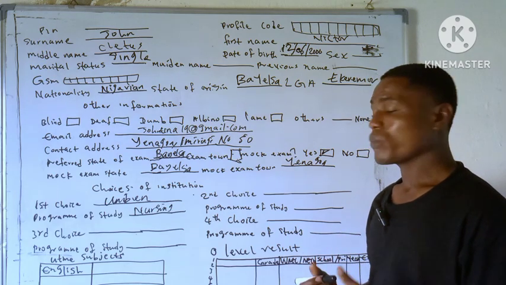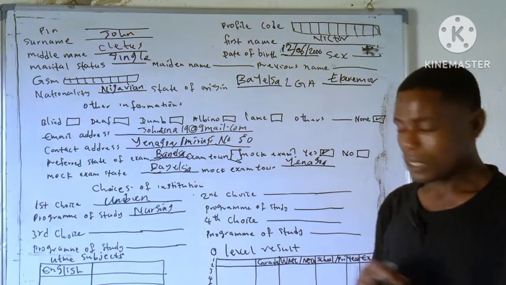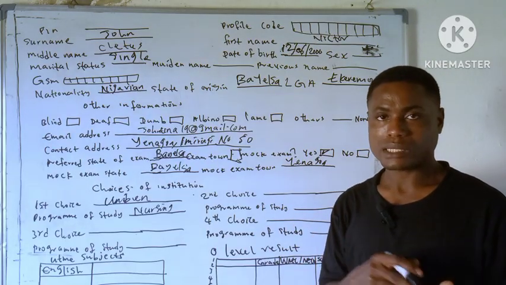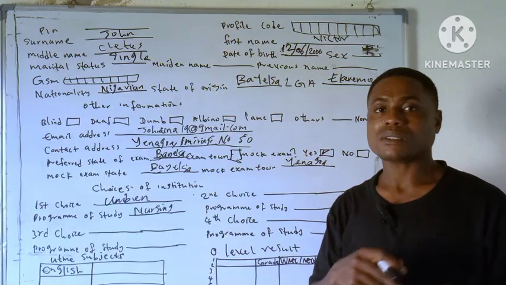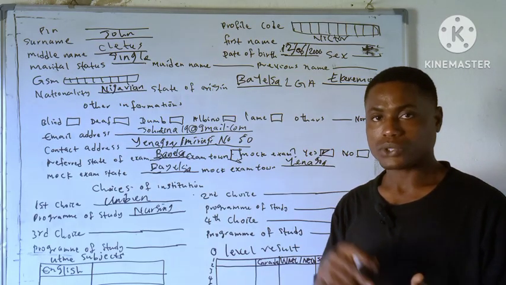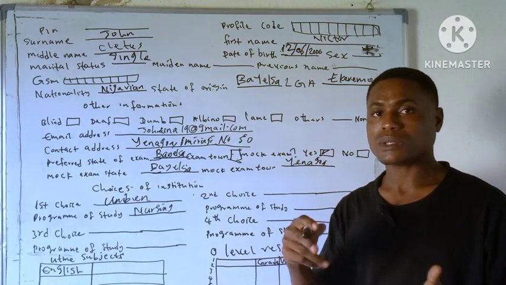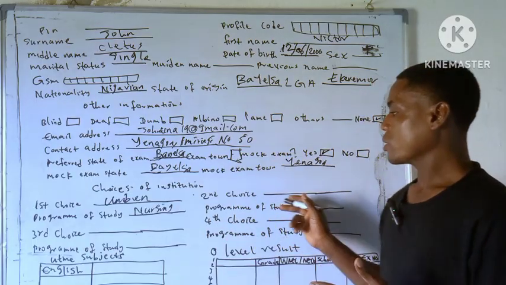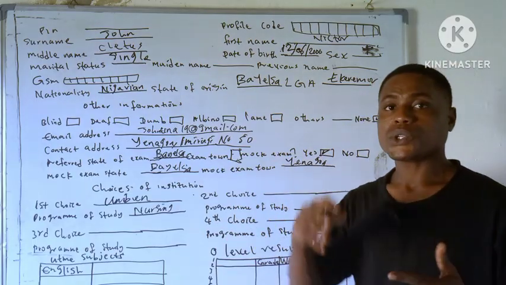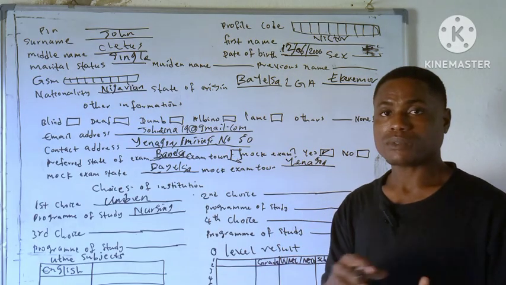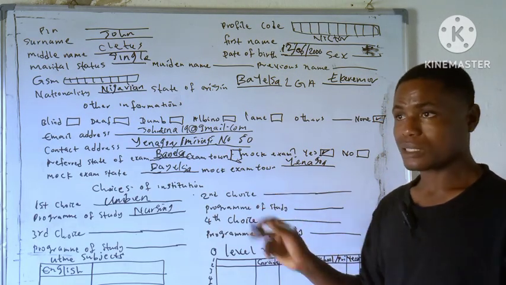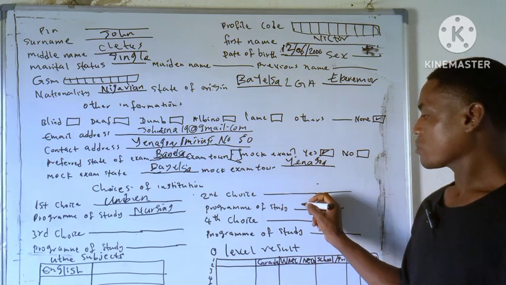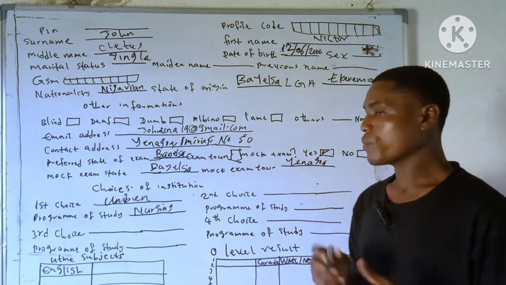So what you need to do is after this video, go to Google or Chrome and search names of universities that accept second choice. Spell second choice. You will see the number of universities that accept second choice.